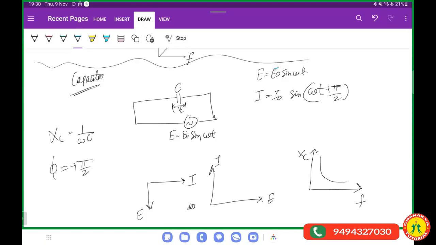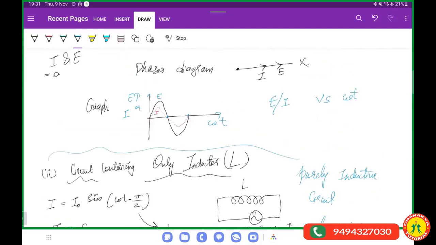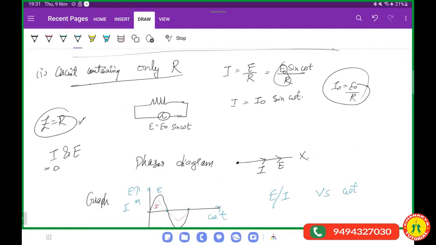In simple terms, the comparison here is with voltage. So if we compare with voltage, let's go with the resistor here.